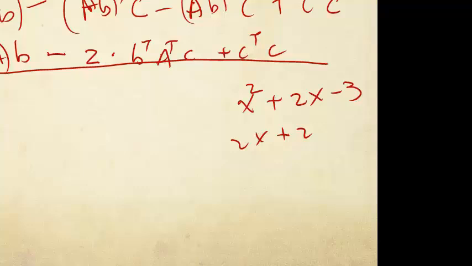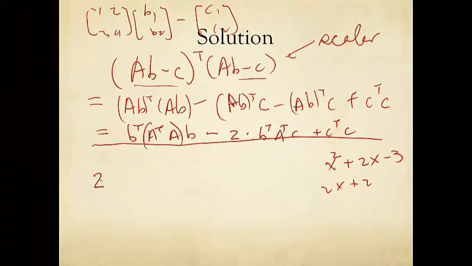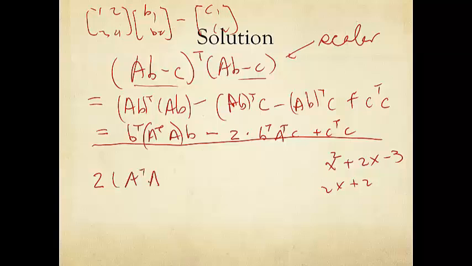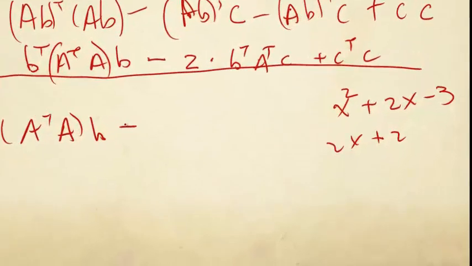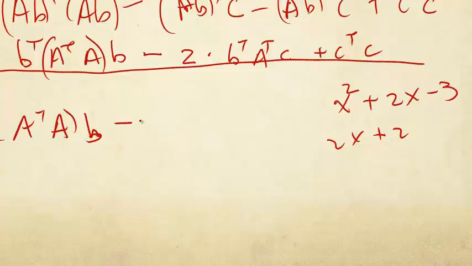Here we take the derivative with respect to b, and we get the following: 2, because there are two b's here, times A transpose A times b, minus 2, because of this 2, A transpose c.